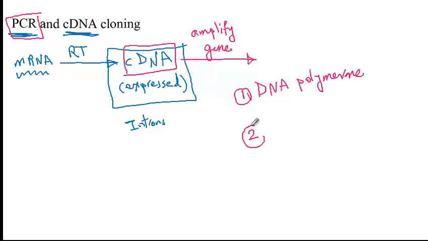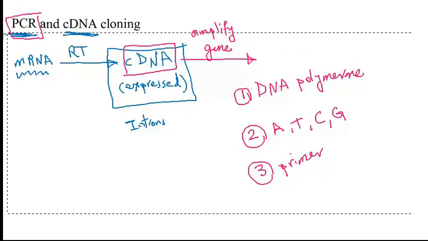In conjugation with a supply of different nucleotides, including adenine, thymine, cytosine, and guanine. And then we have to supply a primer in order to amplify a region of interest. And here I'm going to go over that with you.